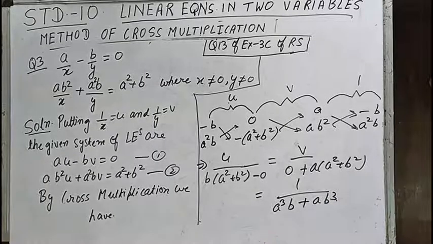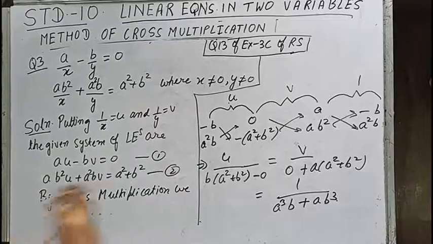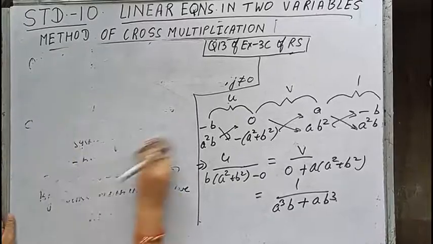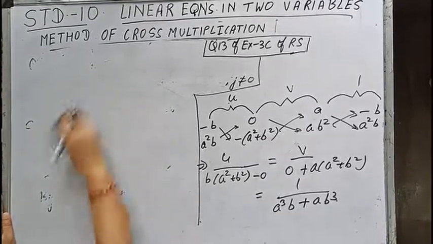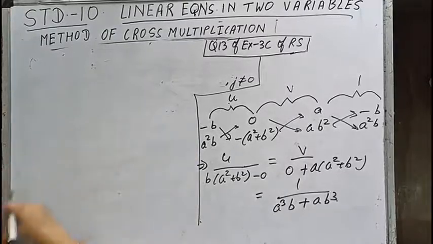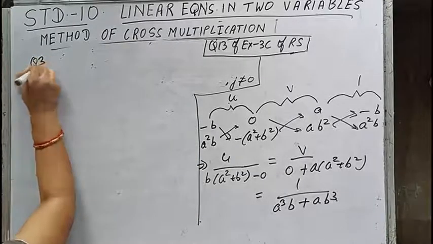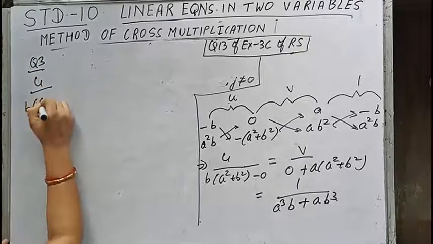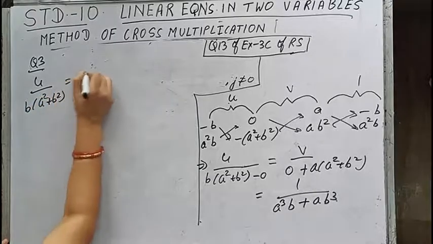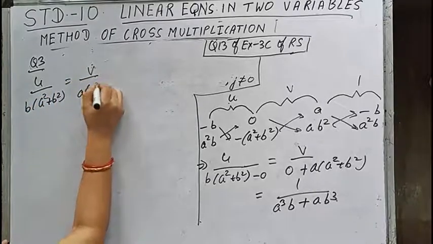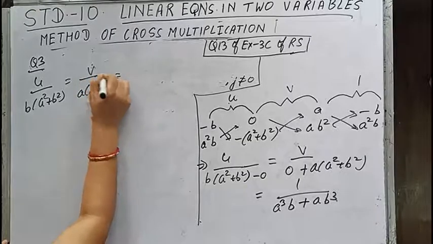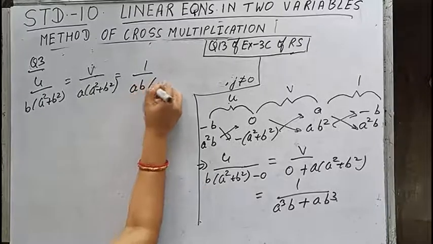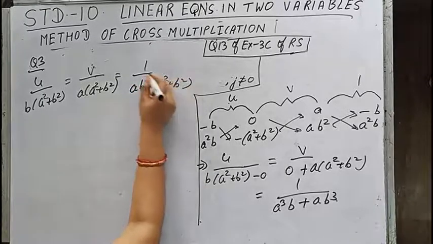Now let us solve it further. So this will be equals to u by b into a square plus b square equals v by a into a square plus b square equals 1 by, let us take common ab and left is a square plus b square.